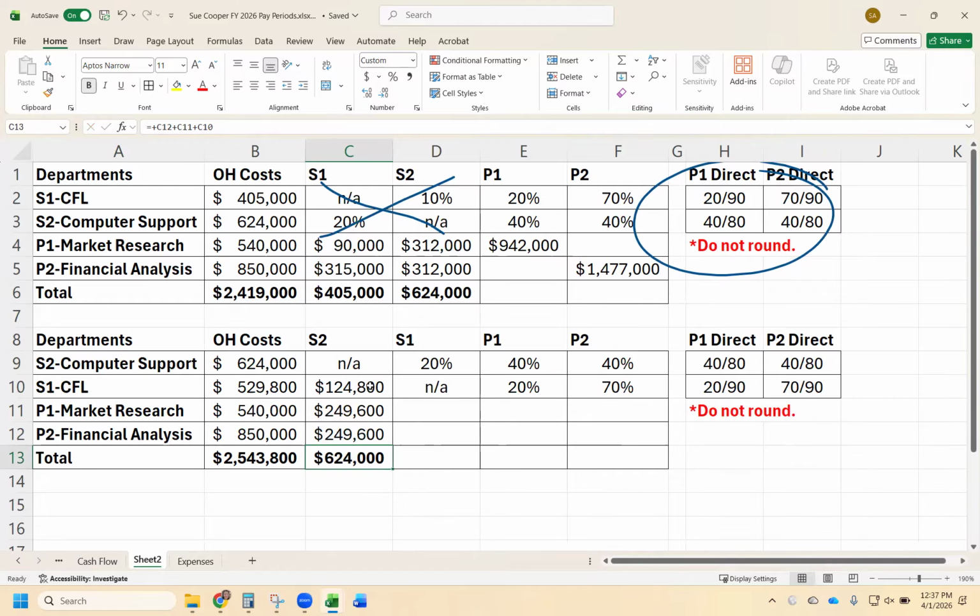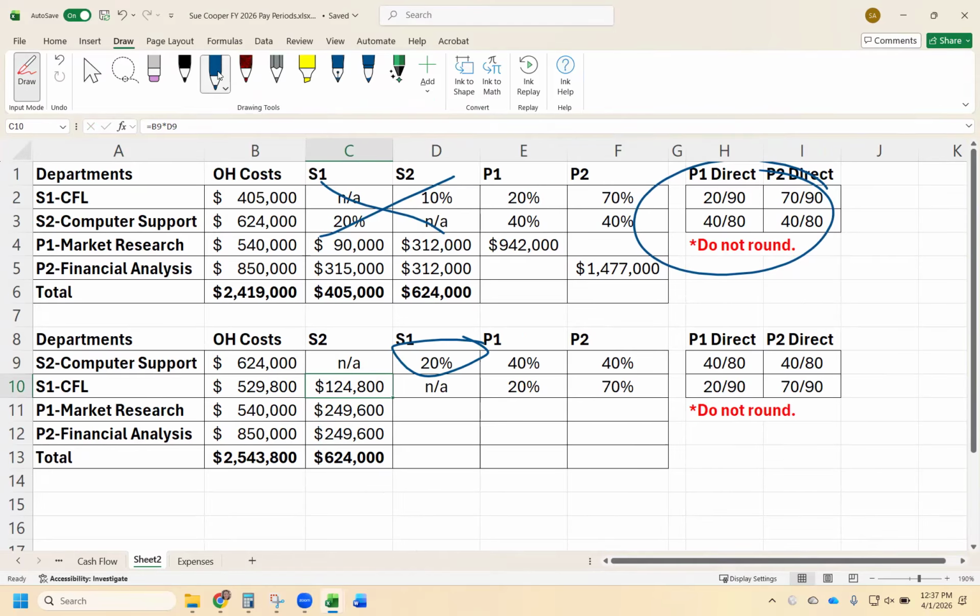There, now it's 624. So that 124.8 that I just put in there, that's 20% of 624. And I put it right here. But this number, I actually added it in to the S1 number as well. And I just put it here so that I could add up the total and make sure that I had calculated all the percentages correctly. So that 124,800 is now included in with the original 405 that was already in there in Service Center 1.